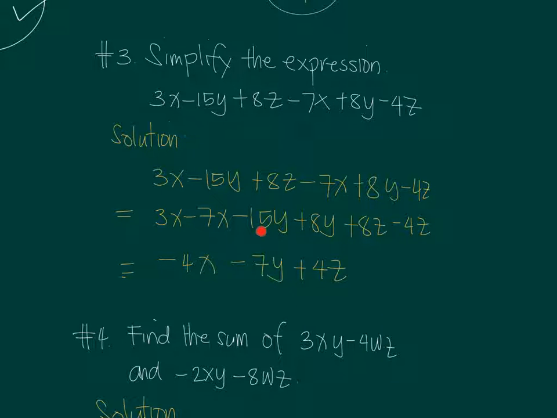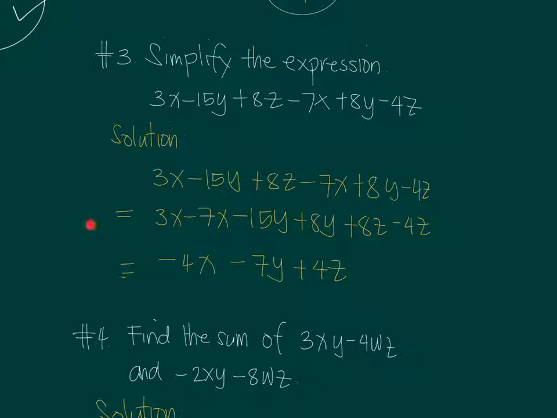Then I copied minus 15y. Then the 8y will go next to the 15y. And then 8z, and then minus 4z. So just arrange them in such a way that the like terms, when you say like terms, the same x, the same y, the same z, are next to each other.